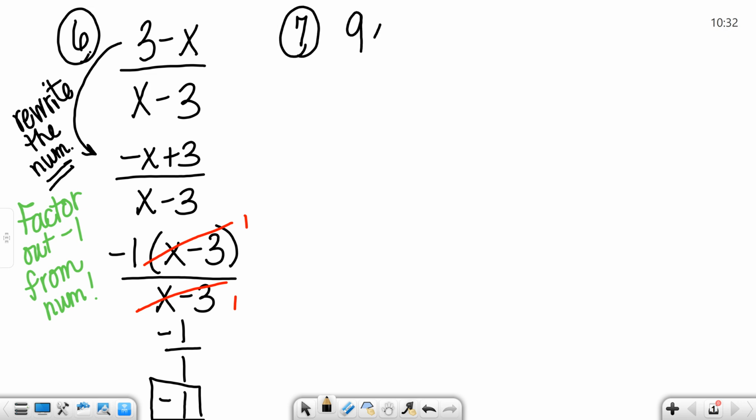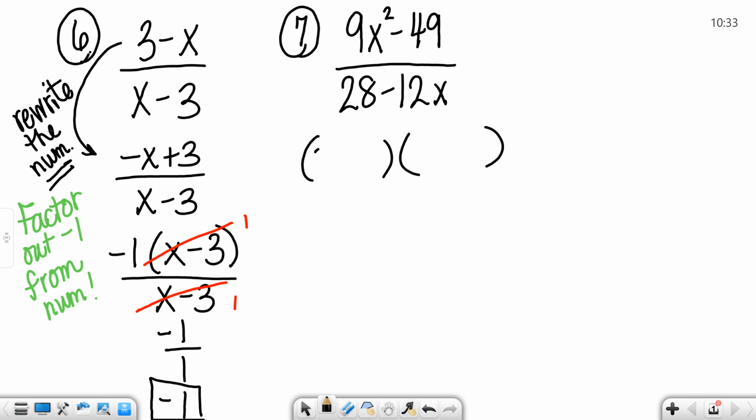Okay, we're still simplifying. All right, so our first step on simplifying is factor the numerator and factor the denominator. My numerator is a difference of squares, so we use our little rule about difference of squares.